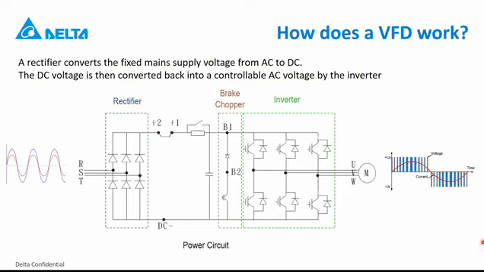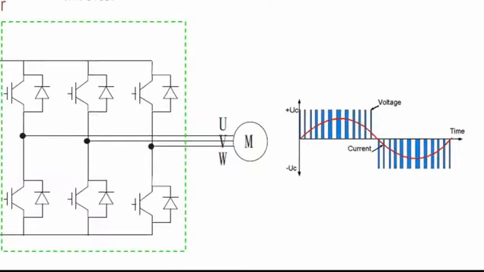Now, another frequency that we refer to is the carrier frequency. This is the frequency which helps build the fundamental frequency. It is normally somewhere between 2 kilohertz and 15 kilohertz, as you can also see here.